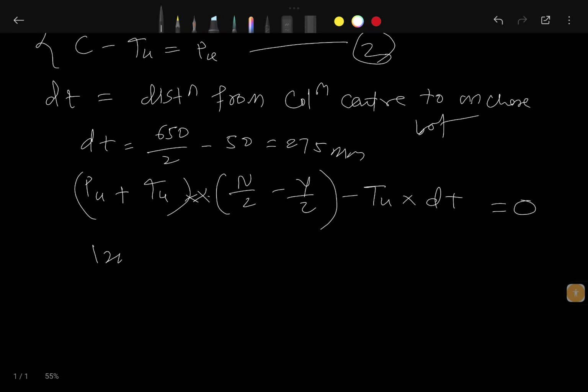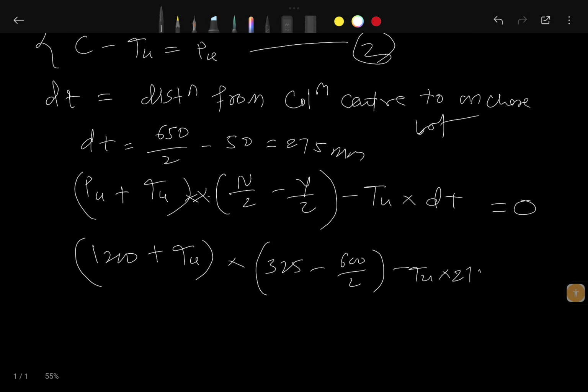So (1200 plus Tu) into (n by 2 is 325 minus 600 divided by 2) minus Tu into 275 is equal to 0.